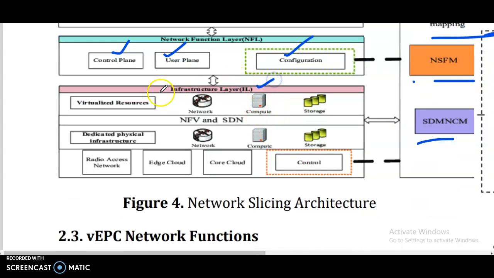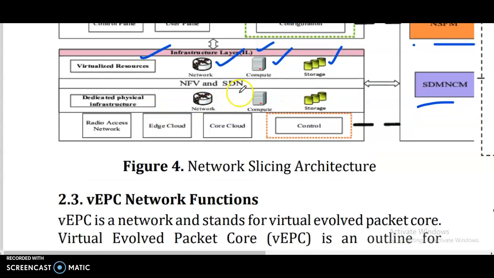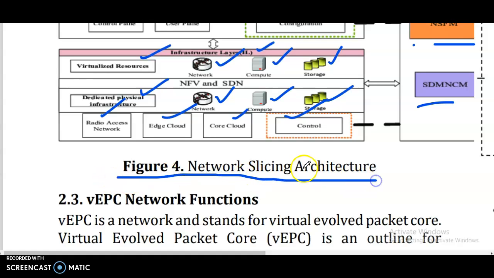Infrastructure layer having virtualized resources: network, compute, storage. NFV and SDN, dedicated physical infrastructure: network, compute, storage. And radio access network, edge cloud, core cloud control. These are all under the network slicing architecture.